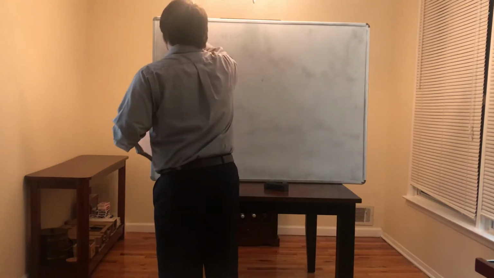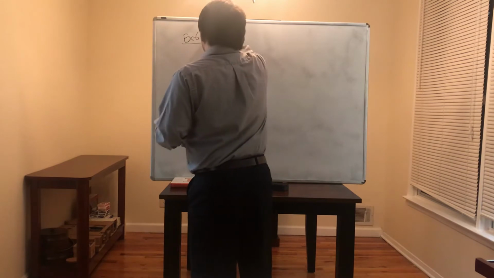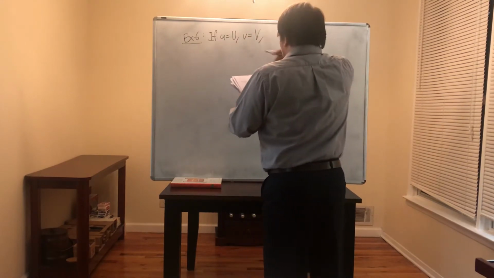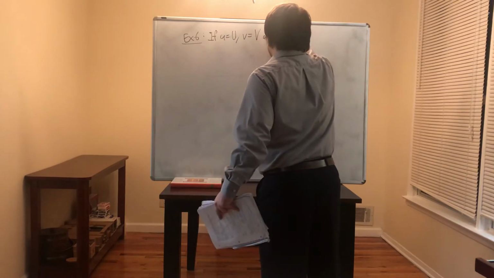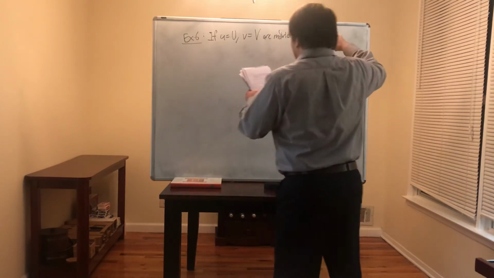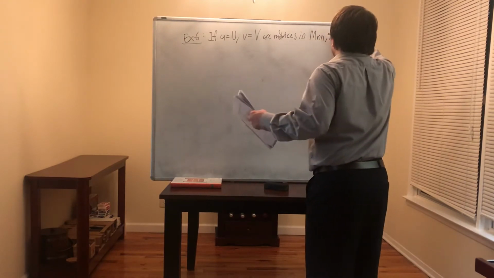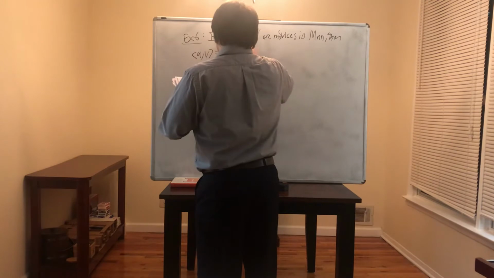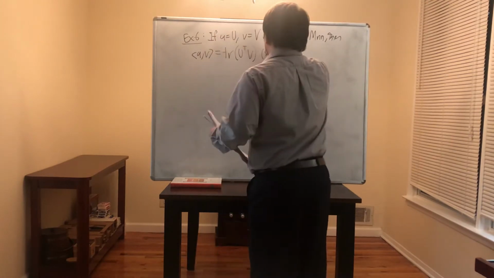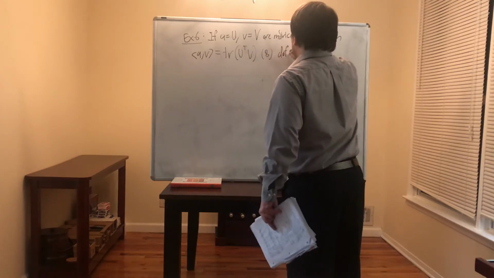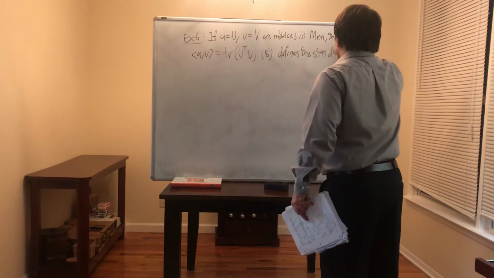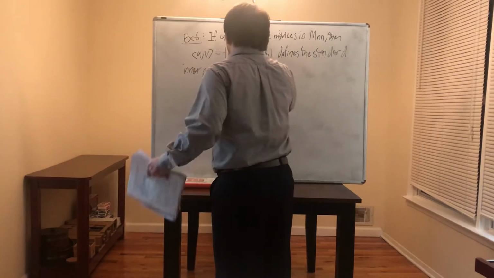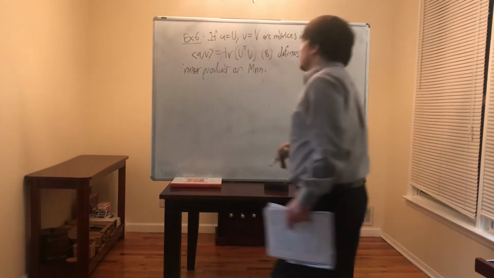Example 6. If little u is equal to capital U, and little v is equal to capital V, are matrices in capital M sub n, then the inner product of U and V is equal to the trace of U transpose V. That function defines the standard inner product on capital M sub n.